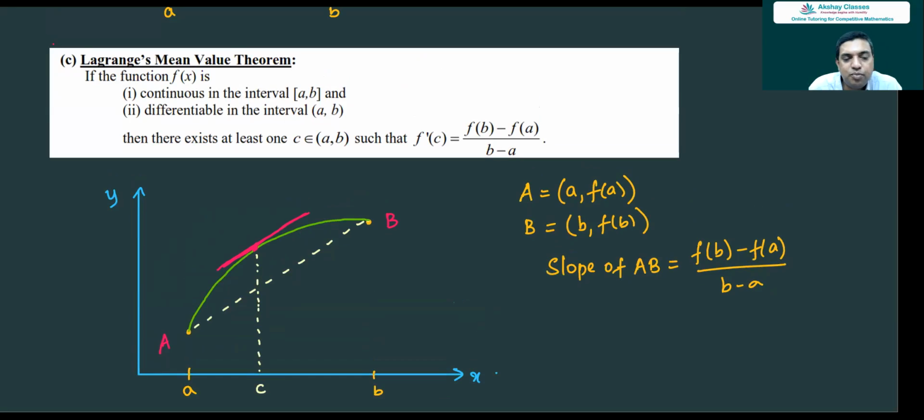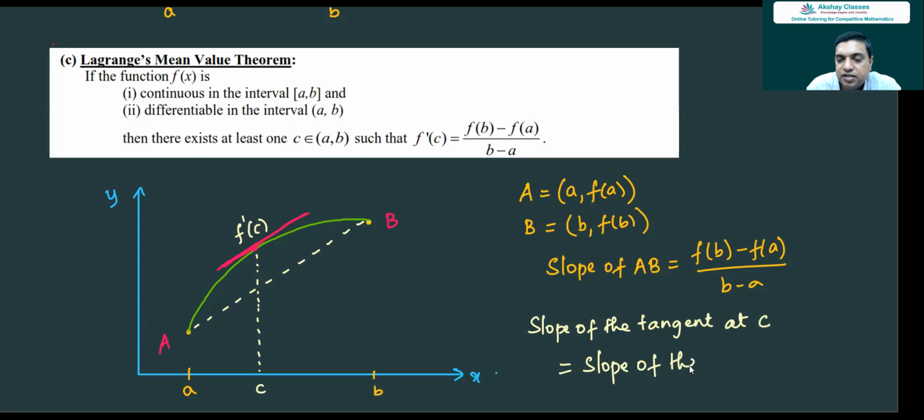There will be at least one point when you try to join AB where f dash c, the slope of the tangent at C, is equal to the slope of the chord AB.